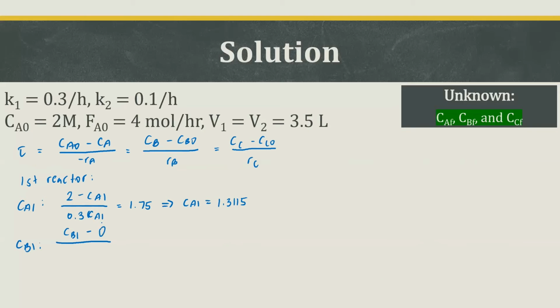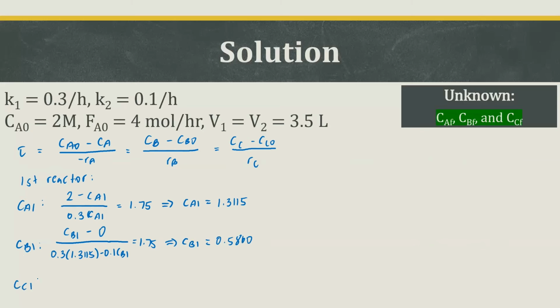For CB1, that should be CB1 minus CB0, which is 0, over rB, which is 0.3 times 1.3115 minus 0.1 CB1, equal to 1.75. And this should give you CB1 equal to 0.5860.